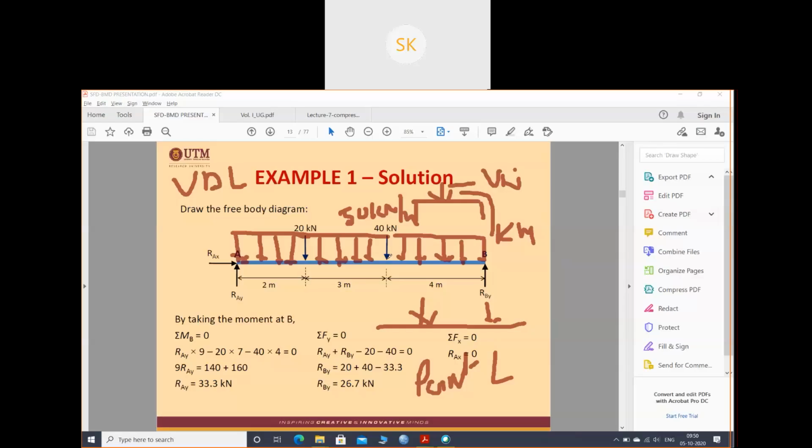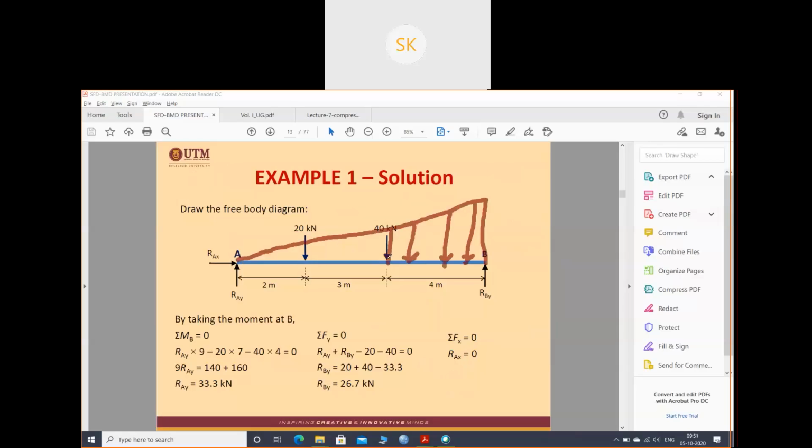Then I'll have uniformly varying load. That means suppose here you have the highest load and here you have the lowest load. So this will be considered as uniformly varying load. Understood?